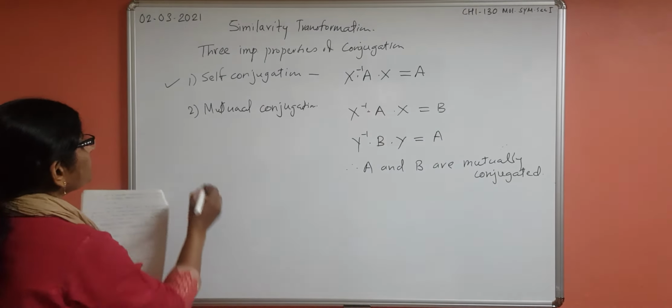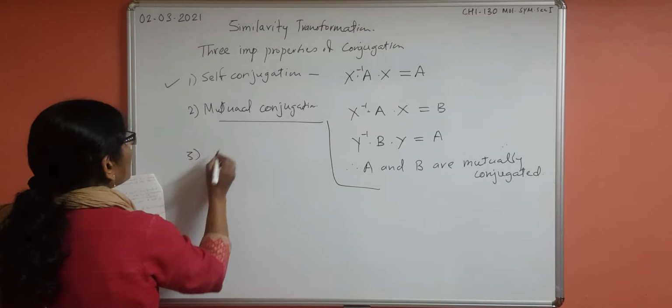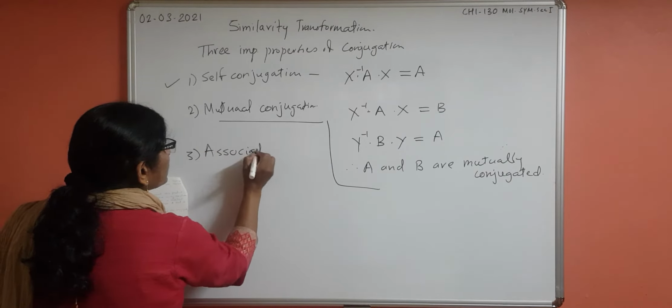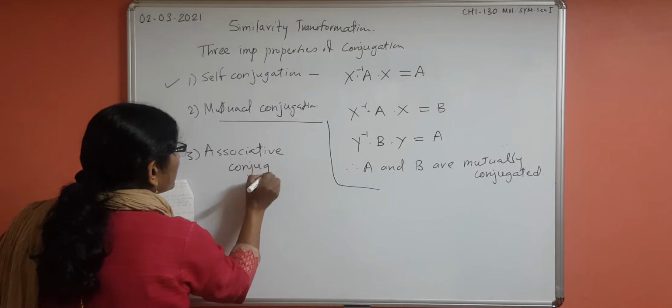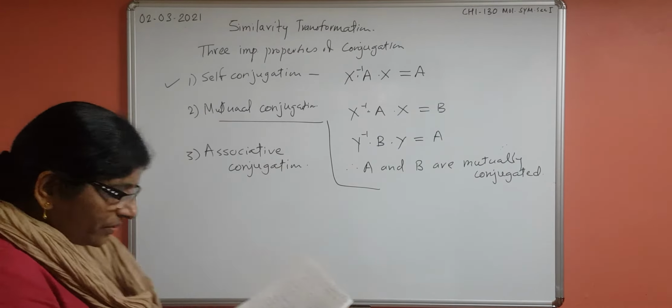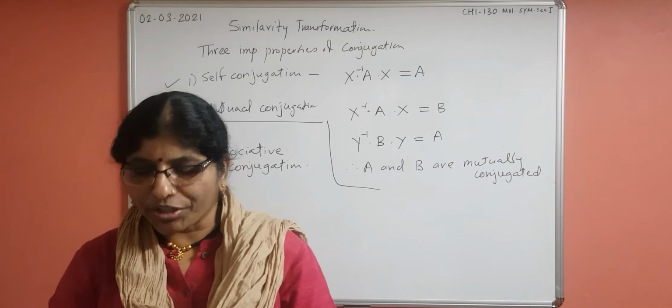Now number 3, associative conjugation. In associative conjugation, more than two symmetry elements are involved. If A is conjugate with B and C, then B and C are conjugate with each other.